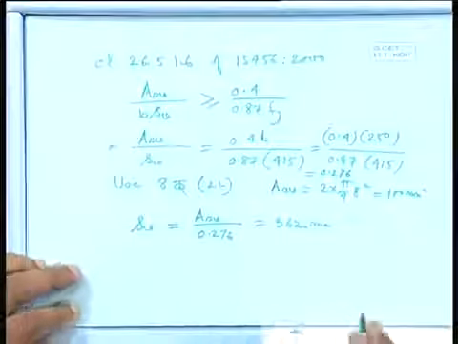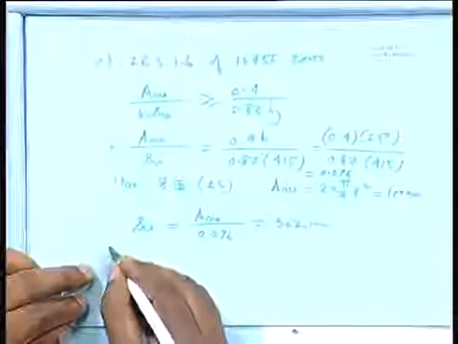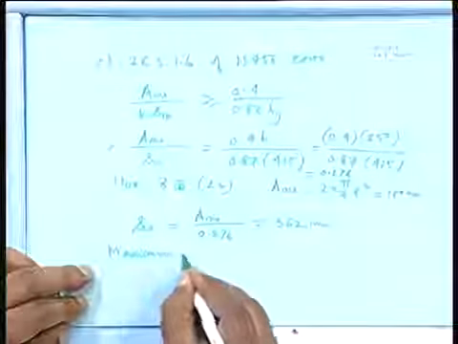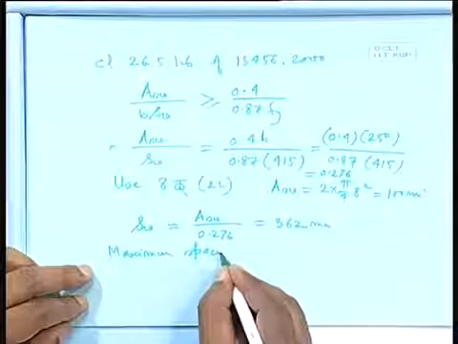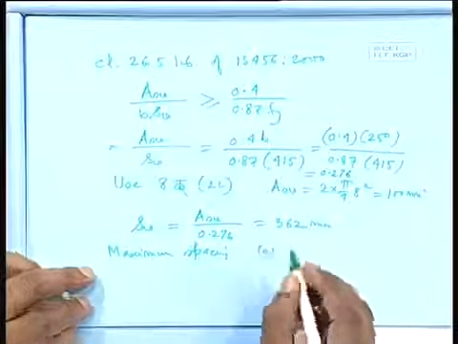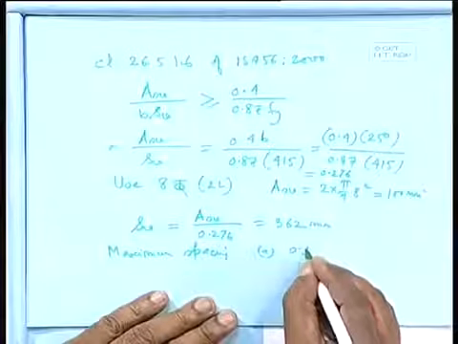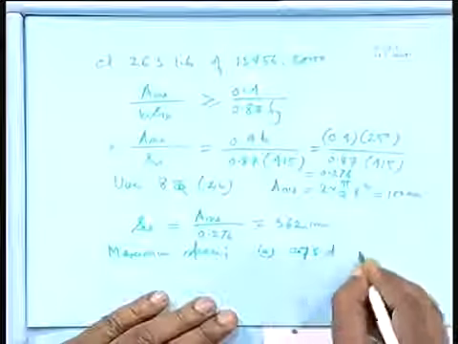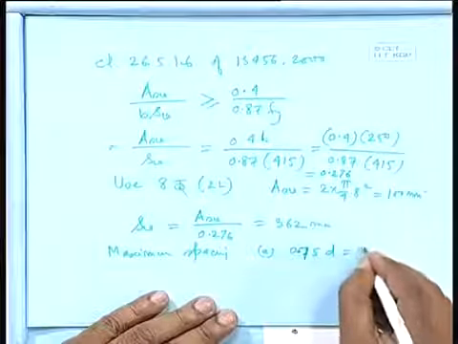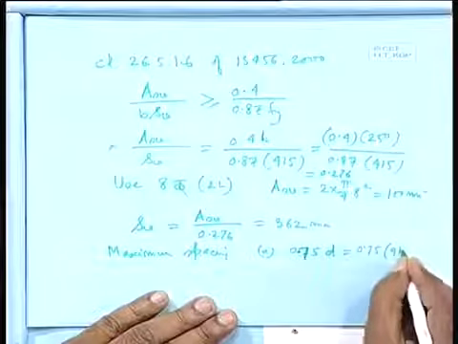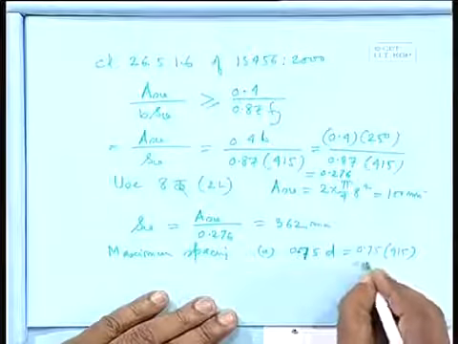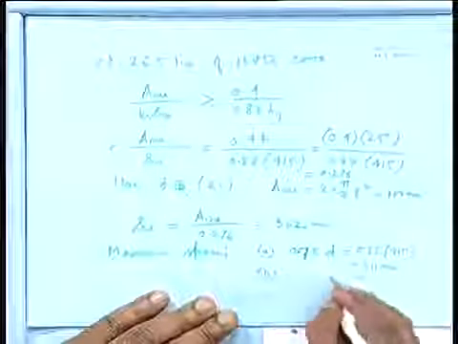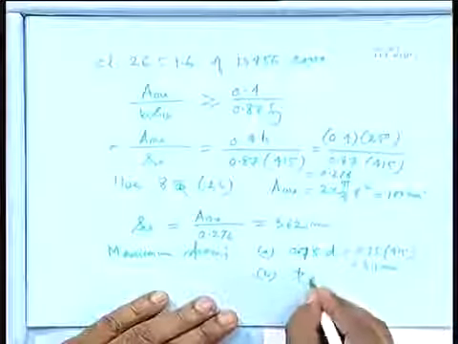What about the spacing? Maximum spacing, 0.75 D equal to 0.75 times 415 comes as 311 millimeter, and SV not greater than 300 millimeter.